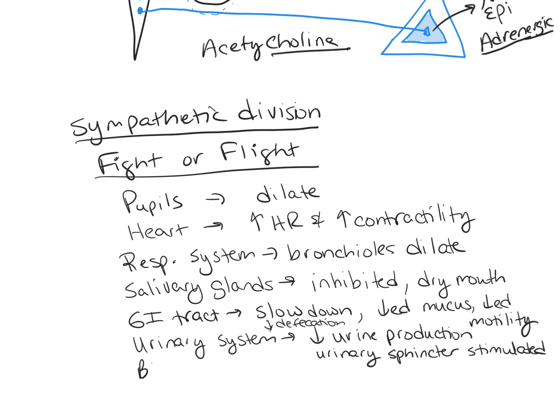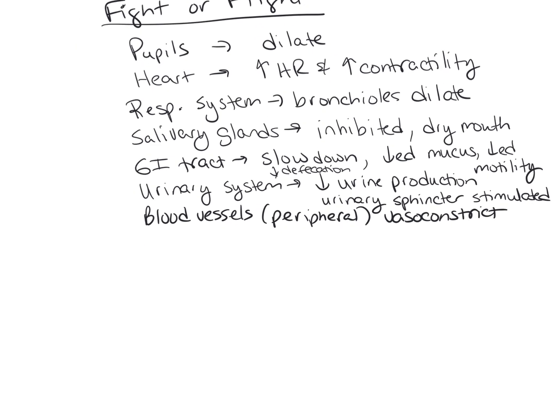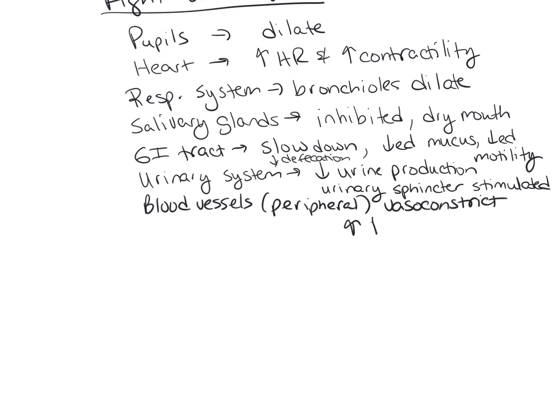Your blood vessels, at least your peripheral blood vessels, will constrict. And because your blood vessels are constricting, you'll end up getting increased blood pressure. If a blood vessel has this much blood in it and then all of a sudden it constricts and gets more narrow, then your blood pressure will increase.